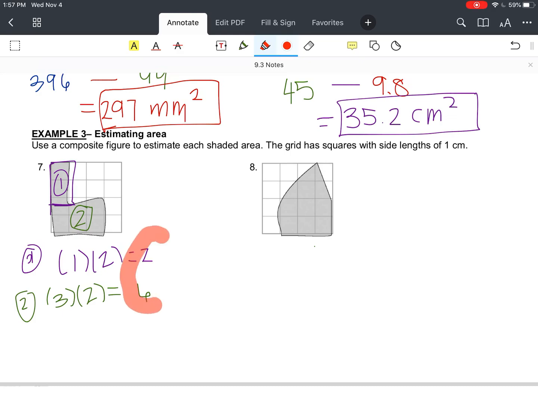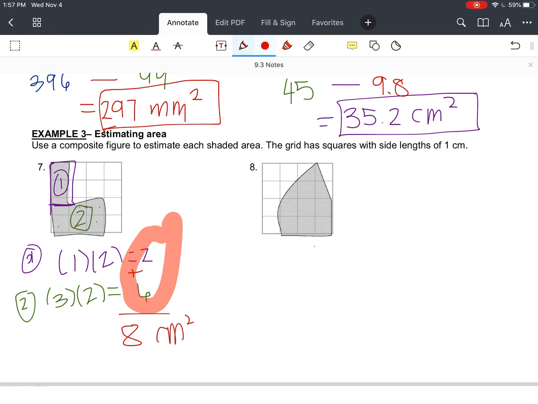This shape on the bottom is also roughly a rectangle where the base is 3 and the height is 2. 3 times 2 is 6. Then adding 2 and 6 together, 2 plus 6, I'm going to get 8 centimeters squared.